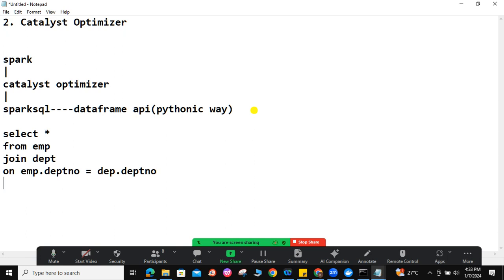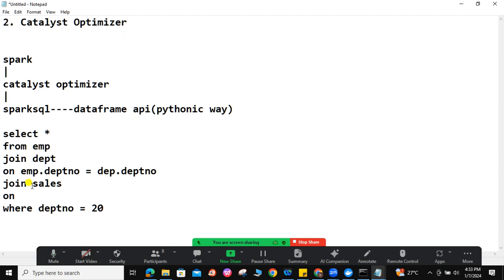After that you again joined some sales table, again on something. At the end you are trying to filter where department number equal to 20.